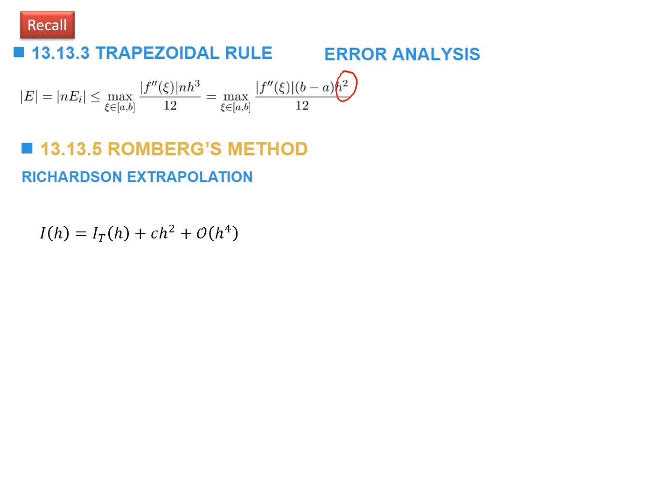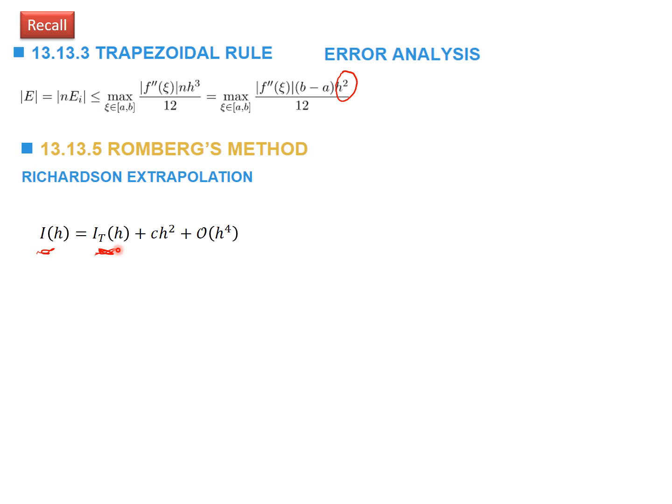So let's try and understand how we can use that information. Let's assume that I choose a particular h, which is the width of the interval. The true value of the integration I is equal to the numerical approximation, for which we are using I sub t, as a function of the step size h.